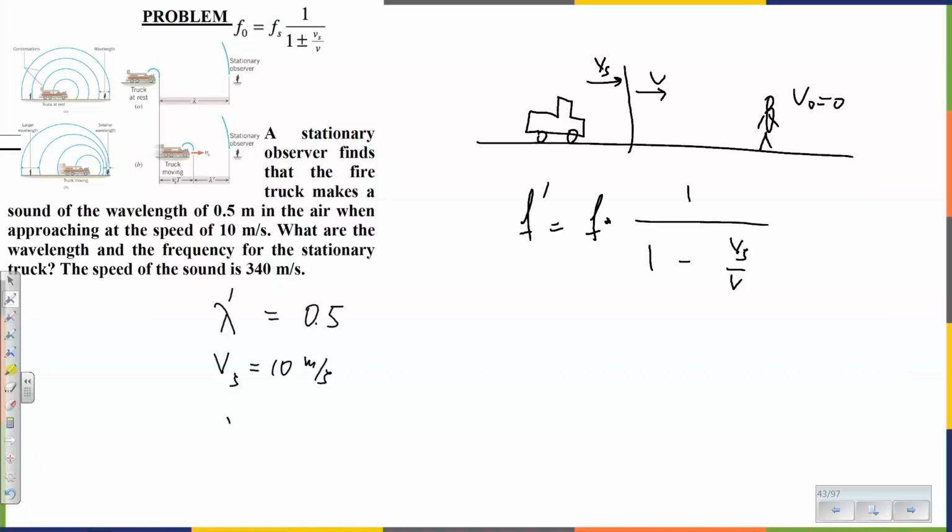And the speed of the sound relative to the ground is 340 meters per second. However, since the observer is not moving, that's also the speed of the sound relative to the observer. And now, what can we do? Well, so we can calculate this frequency.